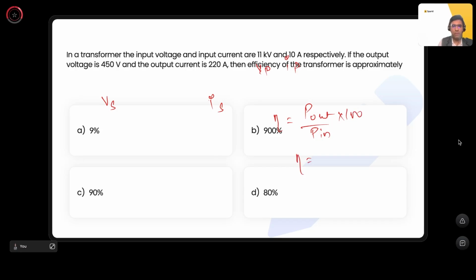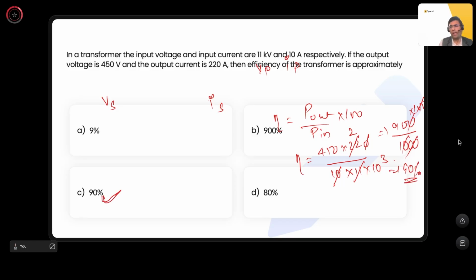So P out will be how much? 450 into 220, and P in will be 10 into 11 kilowatt. So 11 into 10 to the power 3. So this gets cancelled. This will be 2. This will become 900 upon 1000 into 100. So this 100 cancelled, 90%.